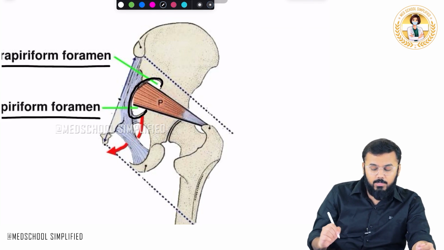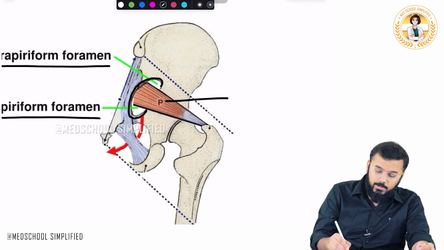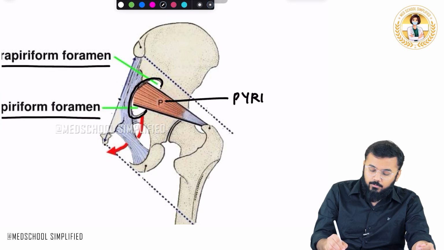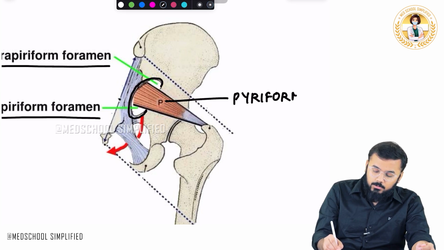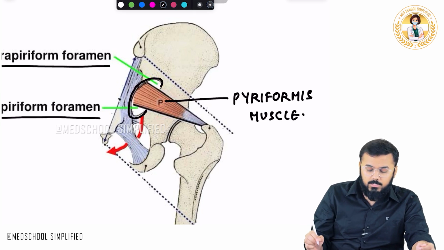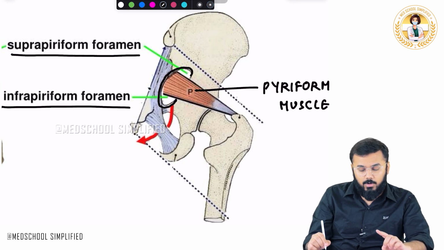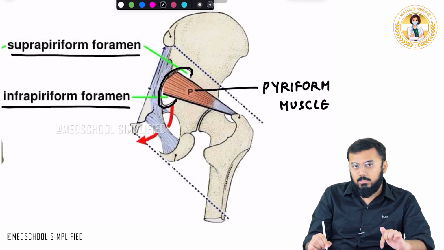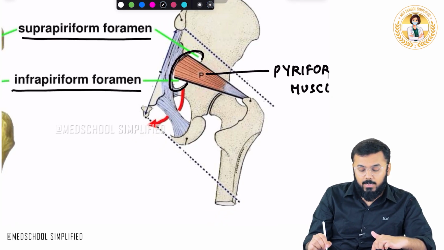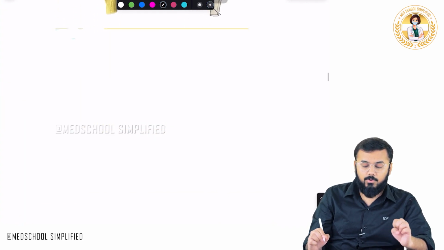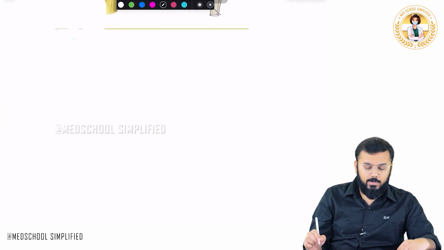Within the center of it you see a muscle P, which is called piriformis. The piriformis muscle is dividing the foramen into suprapiriform foramen and infrapiriform foramen. Now we will see what structures are coming out of the suprapiriform foramen. Later we will see what structures are coming out from the infrapiriform foramen.